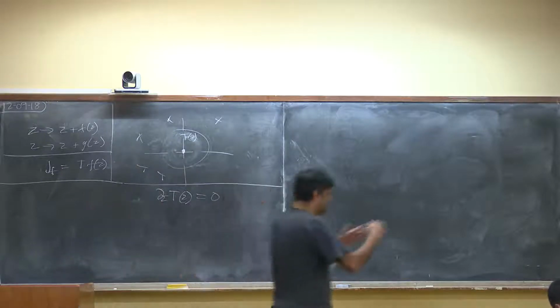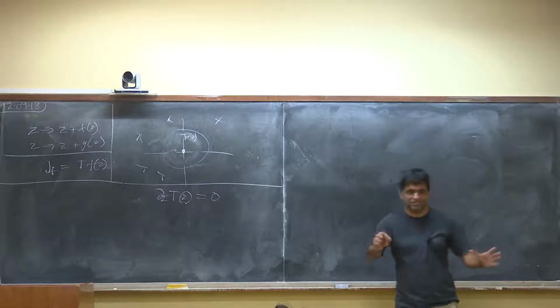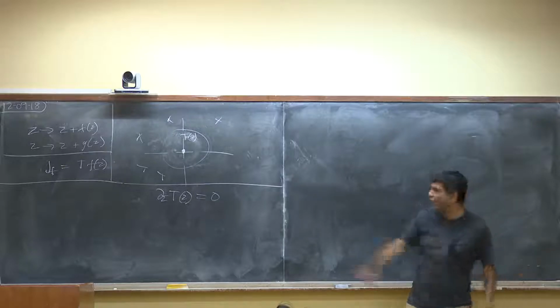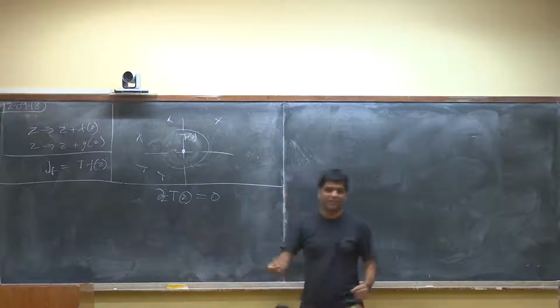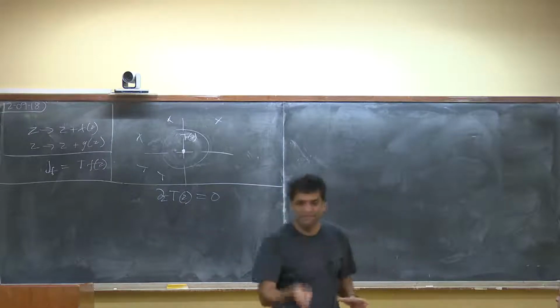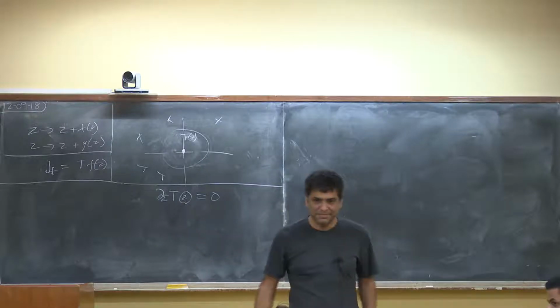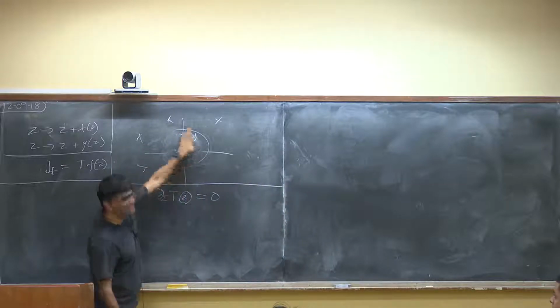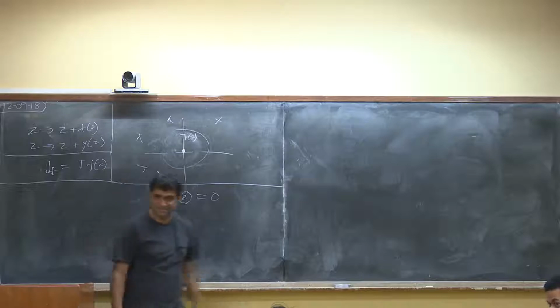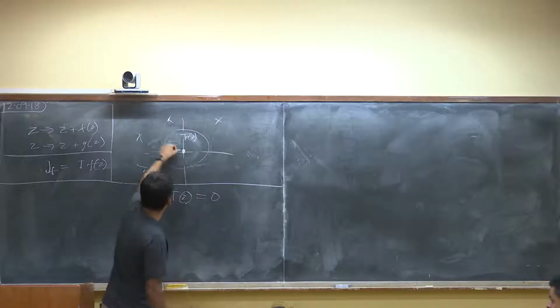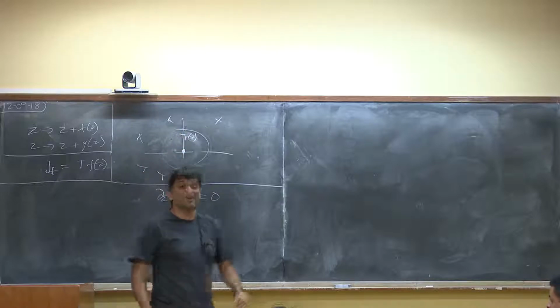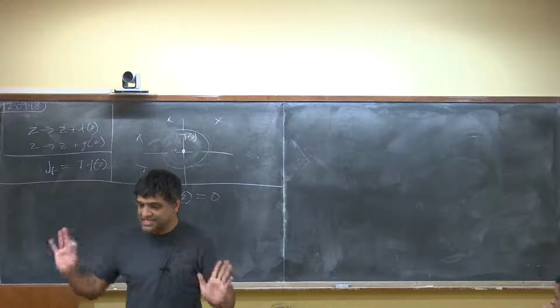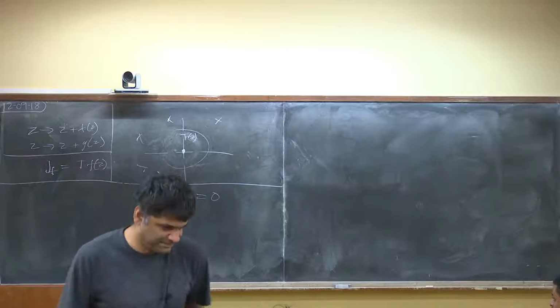Now, what was the Ward identity? The Ward identity is a statement that correlation functions of T obey this equation provided T doesn't hit any other insertion. So I've been very careful. I've made sure there are no other insertions inside this unit disk. So in this unit disk and away from the origin, this T of z is an analytic function.